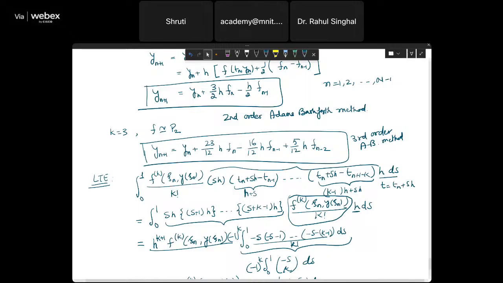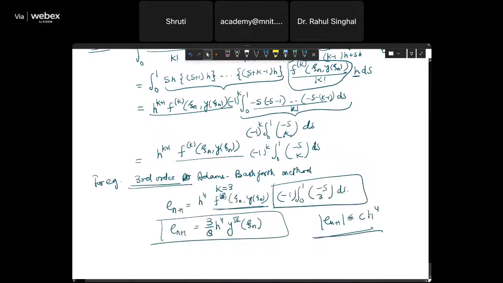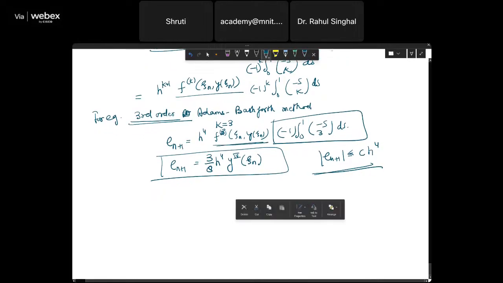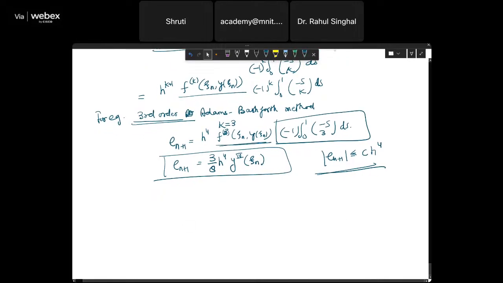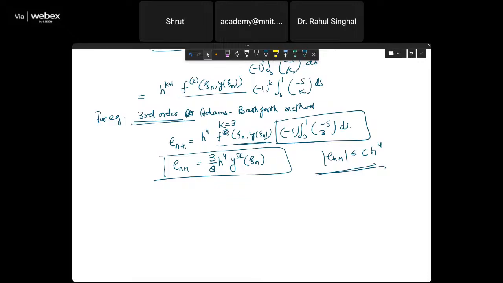Now the next method is the Adams-Moulton method, which is an implicit method. Here there will be a slight change in the approximation of the integral. We approximate the function f by the interpolating polynomial of degree k minus 1, as we did in the earlier method, but here the interpolation points will be slightly different.